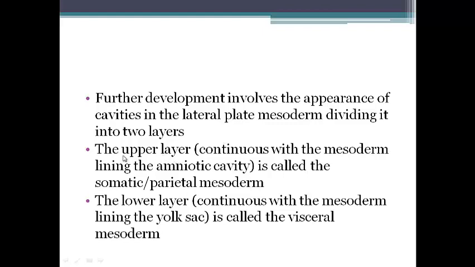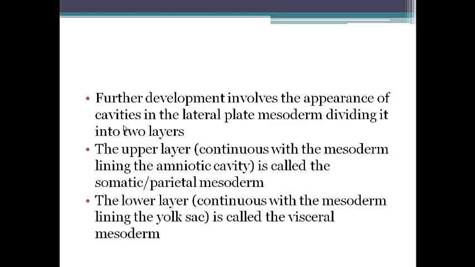I have an upper layer which is continuous with the mesoderm lining the amniotic cavity. Now remember, we had the extraembryonic mesoderm that formed last time. We divided it into 2 layers, one that lined the developing embryonic disc and one that lined the cytotrophoblast.